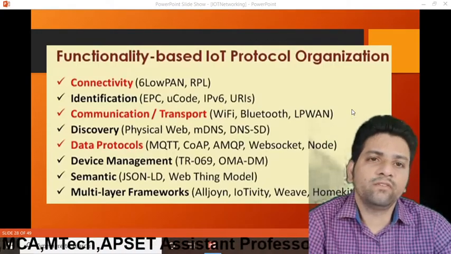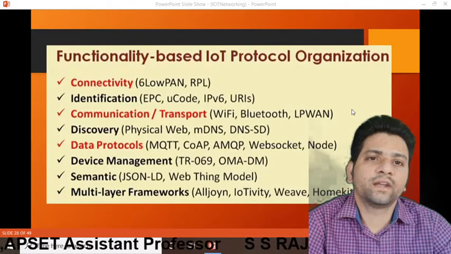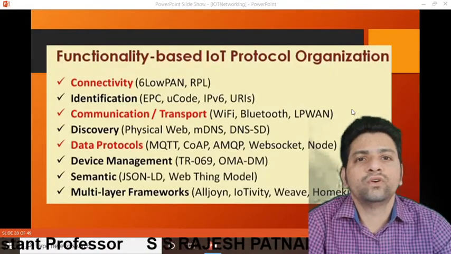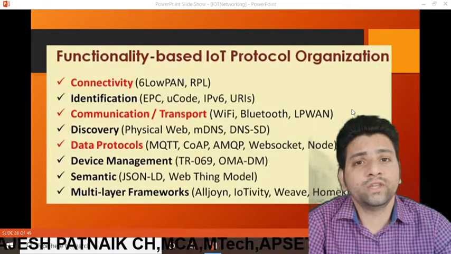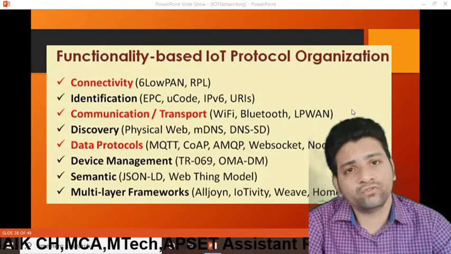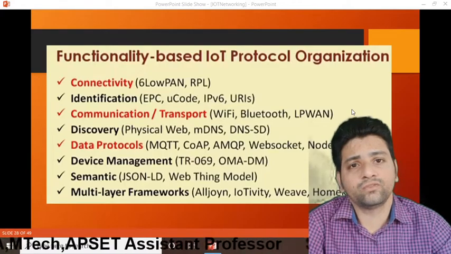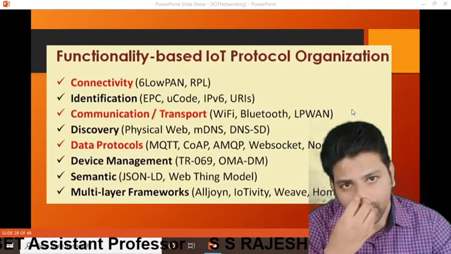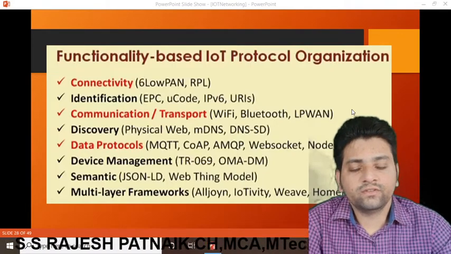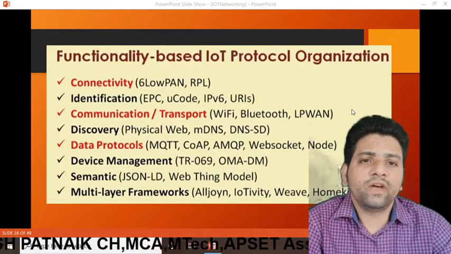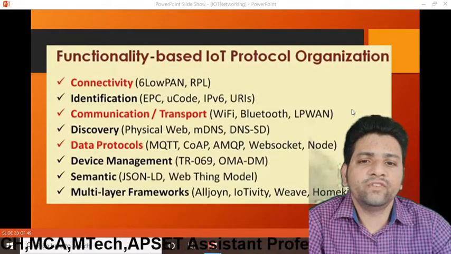Under that we have connectivity protocols. The connectivity protocols are used to establish a connection from one device to another device. This type of protocol we are using in so many IoT devices.